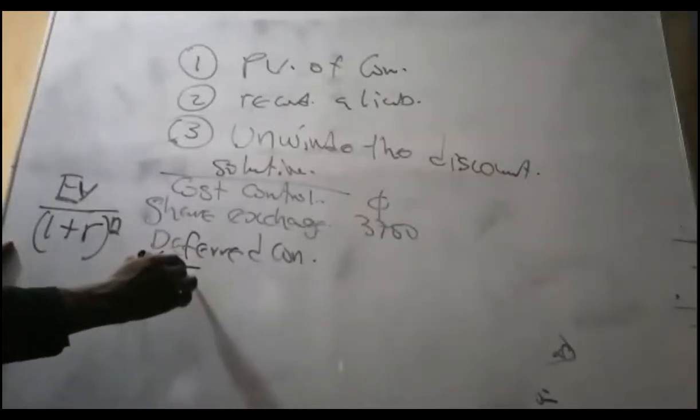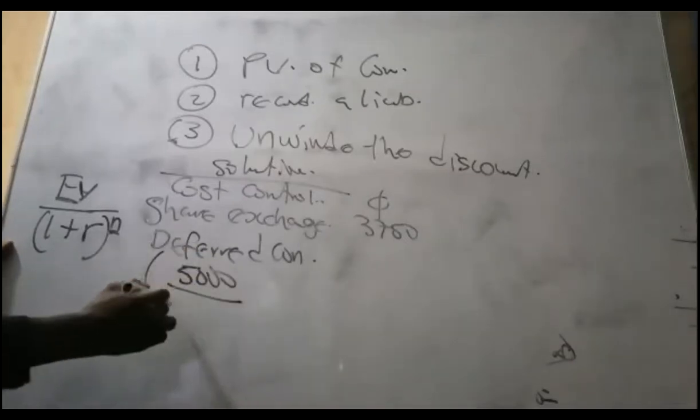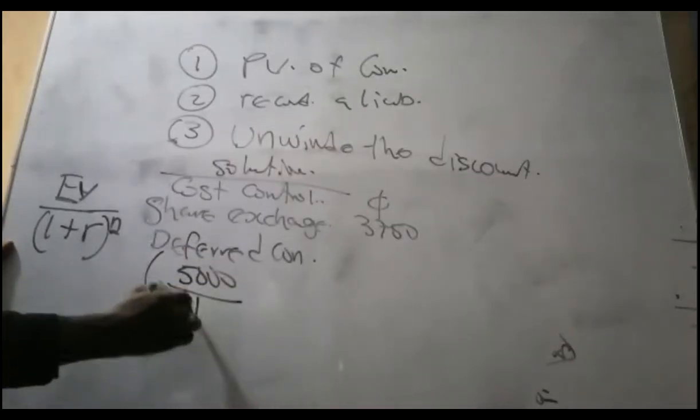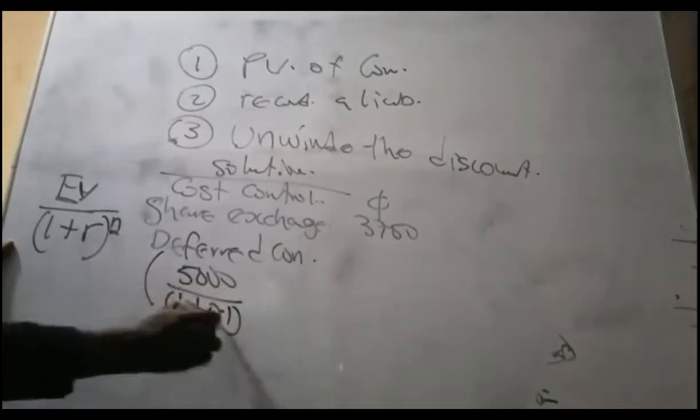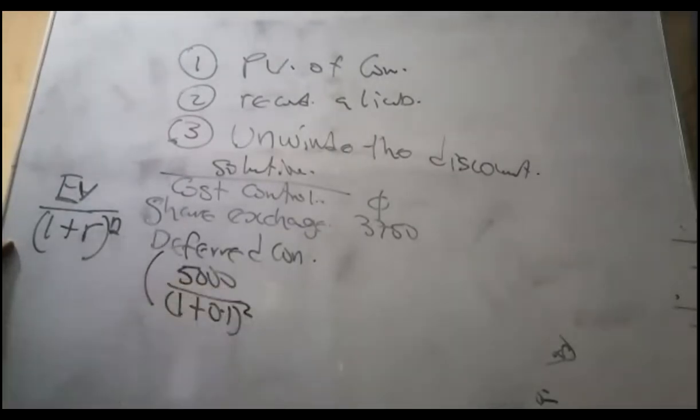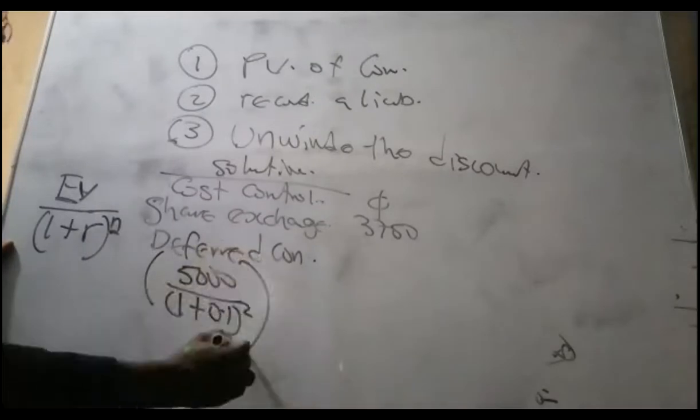The future value of this payment is 5,000 cedis. So 5,000. Cost of capital is 1 plus 0.1. When are you paying this money? Exactly 2 years.